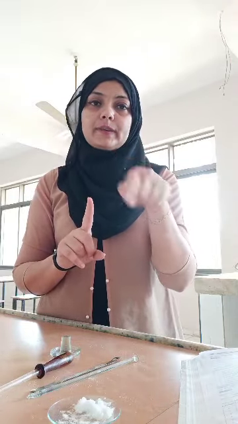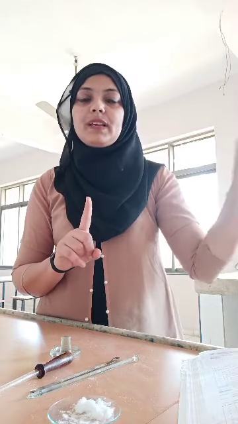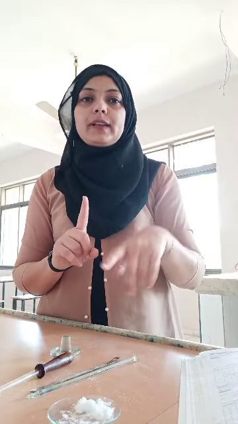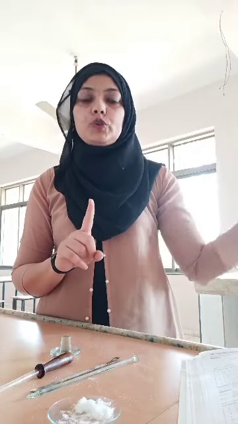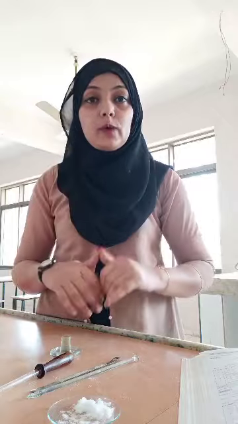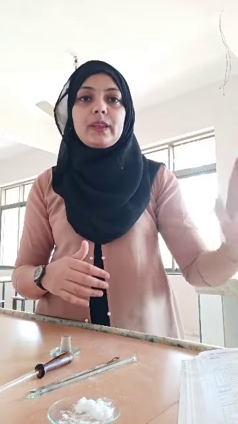Group 1, original solution plus dilute HCl, no white precipitate, Pb is absent. Group 2, original solution, dilute HCl, H2S gas, no precipitate. Group 2 is absent. That means you have to show all the groups absent. You have to write the complete table till all the groups and you have to show them absent.